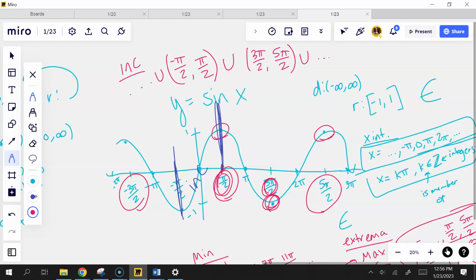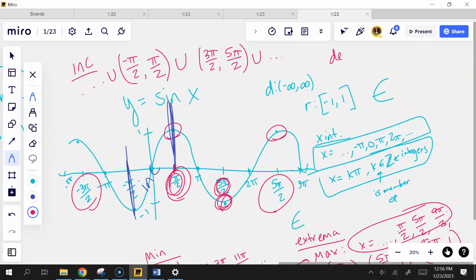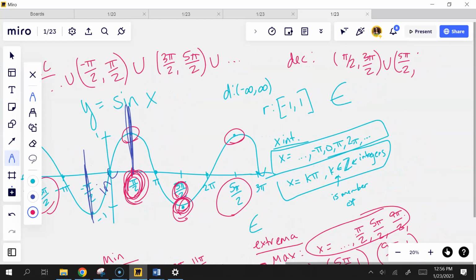How about decreasing? So that's the other number, that's right. Now this time I'm going from pi over 2 to 3 pi over 2. So I'm taking the middles of these, right? Pi over 2 to 3 pi over 2. Five pi over 2. 7 pi over 2.